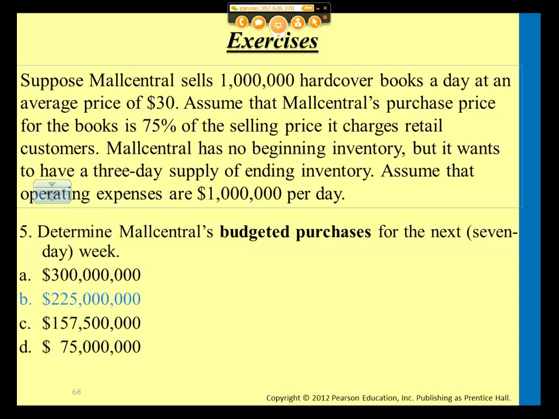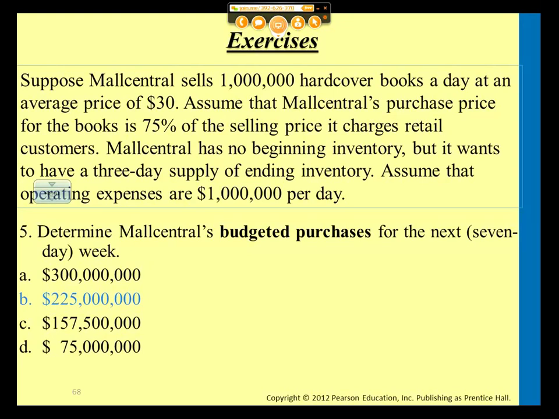So you add 67.5 million to the 157.5 to get 225. The way you get that is you do 75% of the 3 million, and then you get 2,250,000, and then you multiply that by 7, and then you get 67.5 million plus 157.5. And do I have any beginning balance?